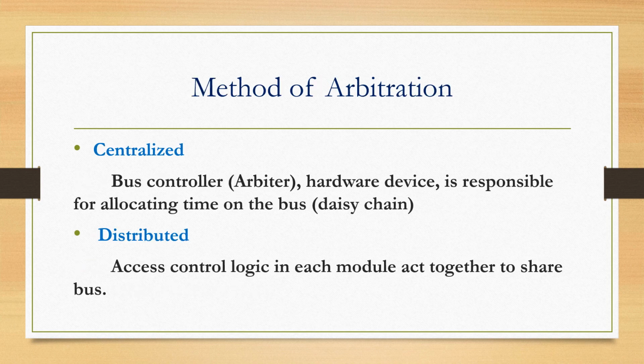Method of arbitration. The methods of arbitration are of two types, centralized and distributed. Centralized means a single hardware device known as the bus controller is responsible for allocating time on the bus. Distributed means each module contains access control logic and the modules act together to share the bus.